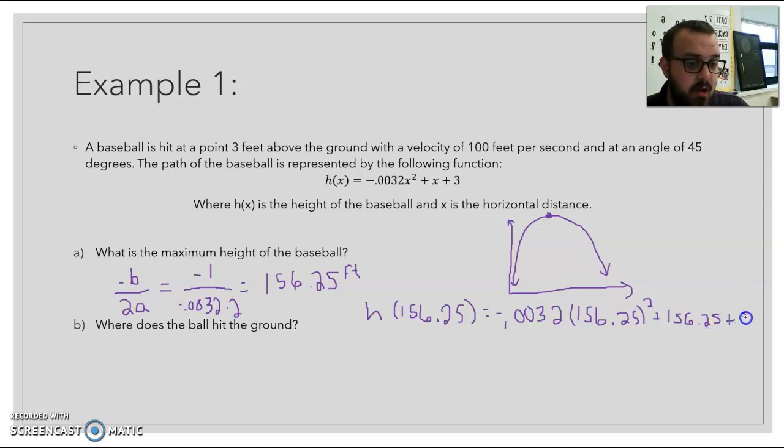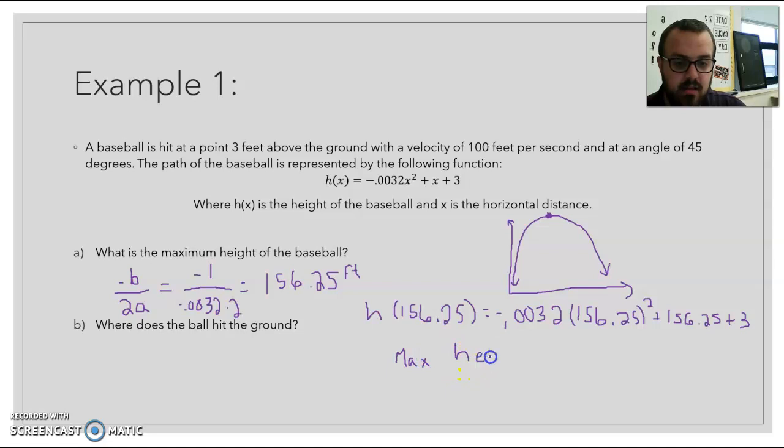And then I'll evaluate this, and that will tell me what the height is, which for our case here will be a height of 81.125.